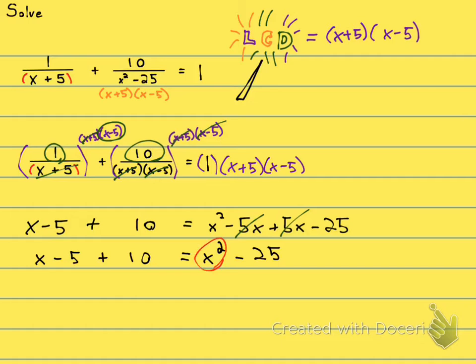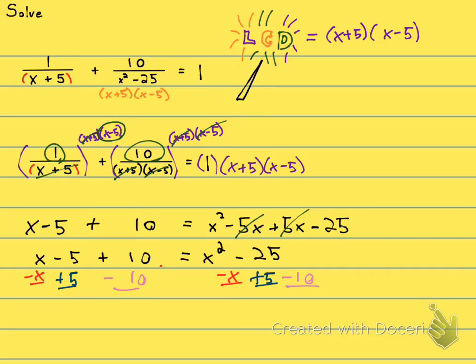So I'm going to leave this x squared where it is, and I'm going to move these three things so that I have nothing else on the left except for a 0. So to get rid of an x, I'll subtract x from both sides. To get rid of a plus 5, I will add 5 to both sides. And to get rid of a plus 10, I will subtract 10 from both sides.